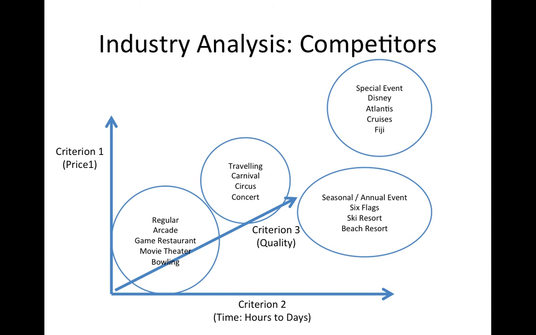The easiest way to start is to think of competitors that you would put into each of these groups. In the regular group, I would say arcades. So you go to a video arcade or whatever. You go to a game restaurant. I don't know of any around here, but I think of some of those restaurants that serve food but also have a bunch of games for you to do.